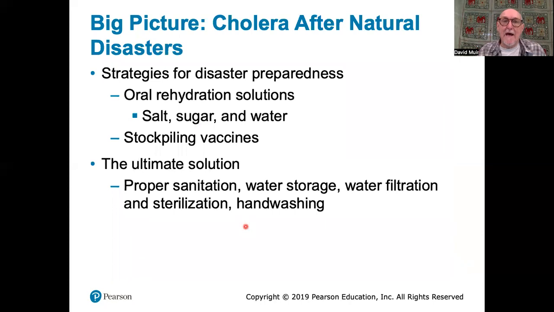One of the reasons for that is that those epidemic conditions often arise under disaster situations, after earthquakes, floods, these kinds of things, when sewer systems are disrupted, and when people themselves are disrupted, when their movement and everything is disrupted.